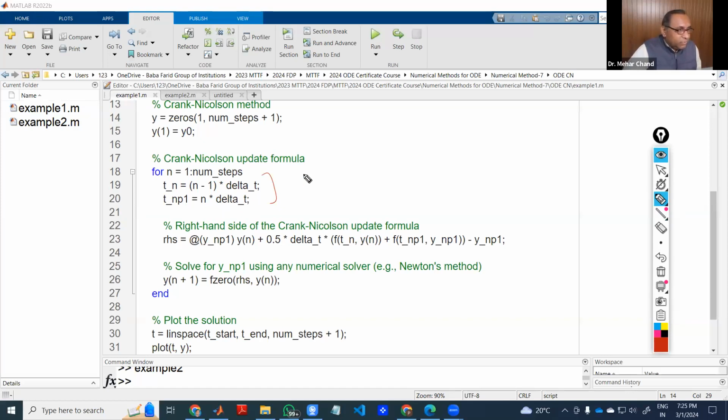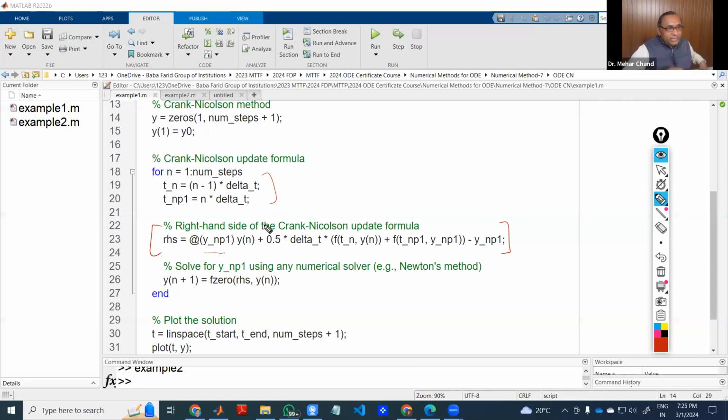So from this, all the values t naught, t1, t2, t3, t4 and so on will be computed. And now this is our main formula which we need to implement. See now here, this is the right hand side of the formula.